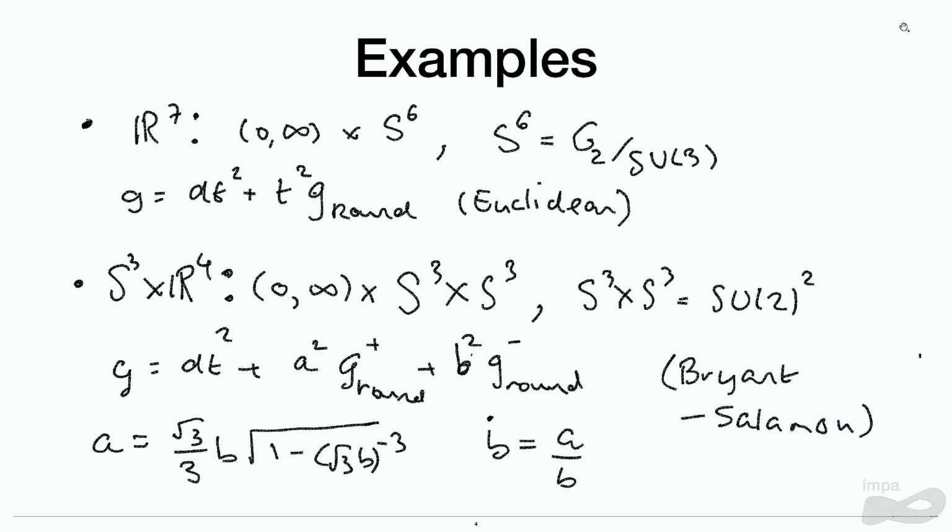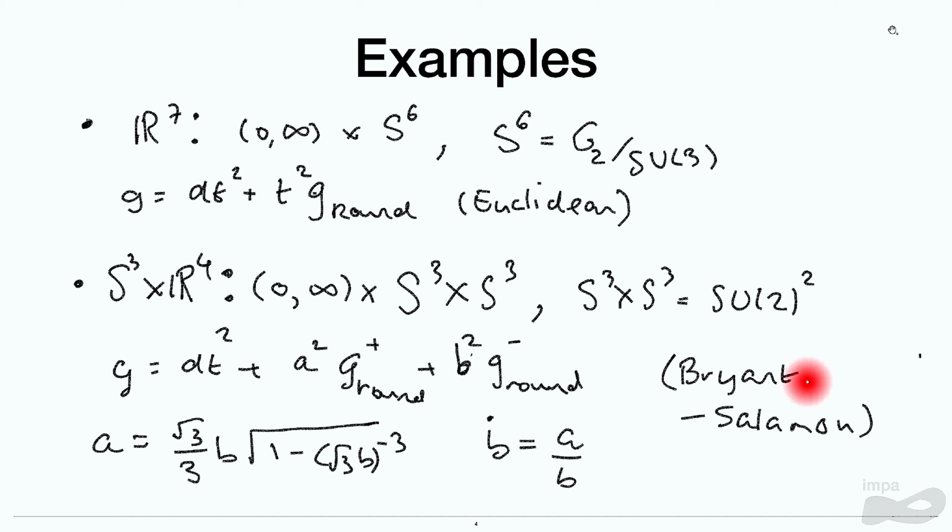Maybe a less trivial example is the metric of Bryant and Salamon on S3 times R4, which is the infinite interval times S3 times S3, where we're viewing S3 times S3 as SU2 squared. Then I have some explicit functions of t, up to a reparameterization, multiplying the round metric on SU2 and SU2.